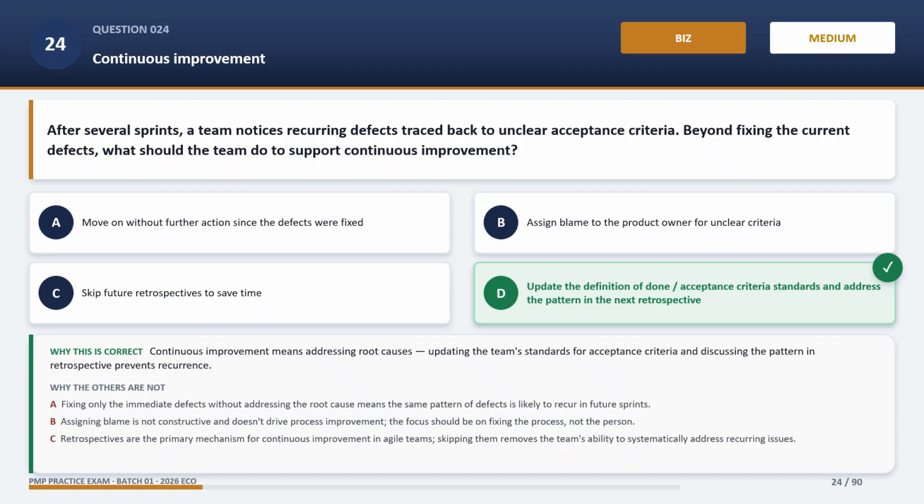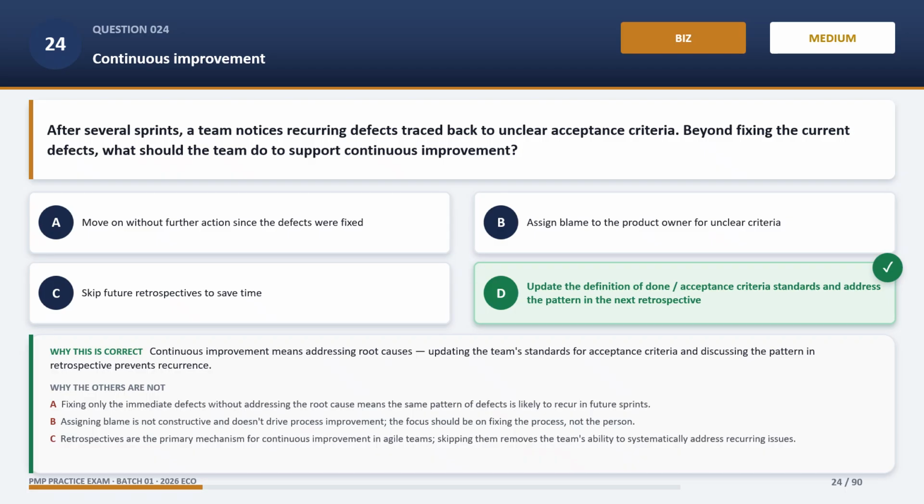Move on without further action since the defects were fixed is incorrect. Fixing only the immediate defects without addressing the root cause means the same pattern of defects is likely to recur in future sprints. Assign blame to the product owner for unclear criteria is incorrect.